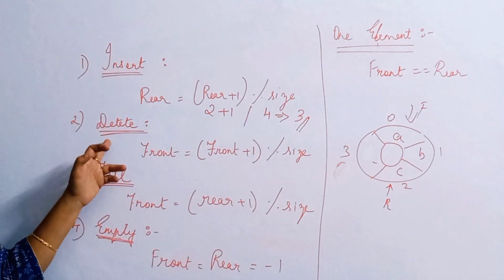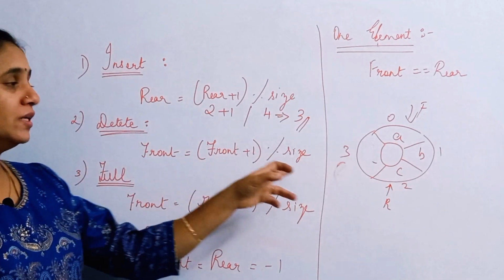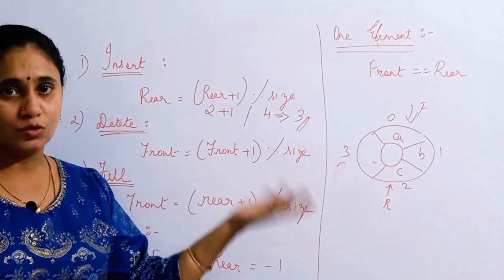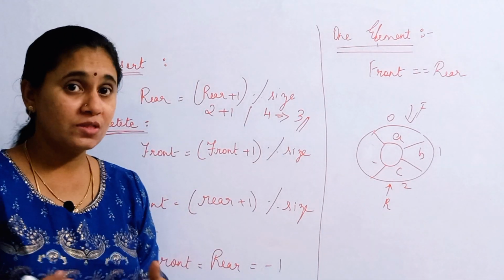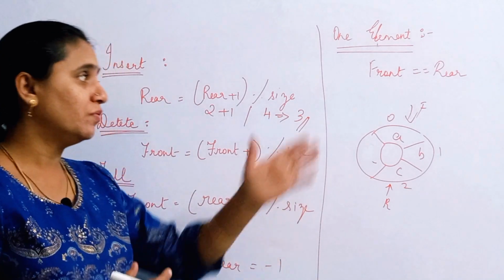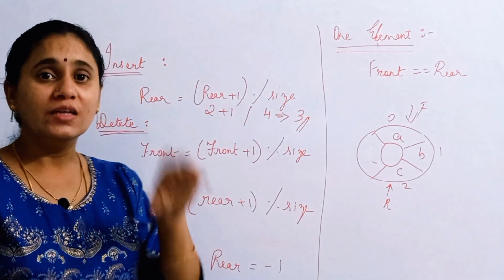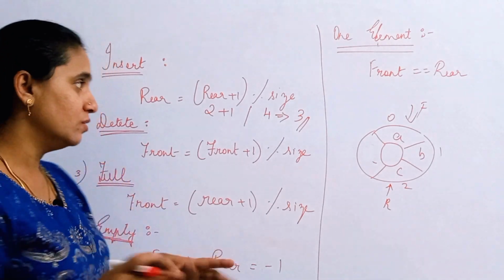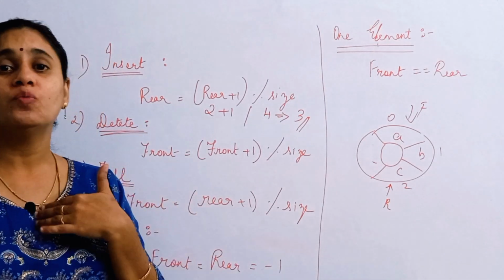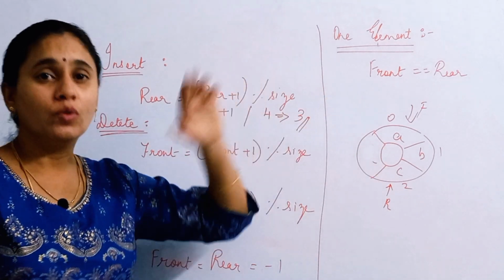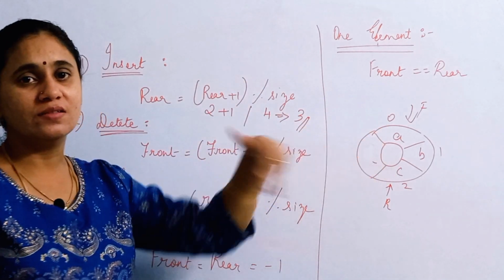So for deletion, where must I delete the element if the front pointer is pointing to a certain location? That is, to which location must my front pointer be moved if the element at the 0th index is deleted? Can you understand the question? Where will the location of my front pointer be if the element in the 0th index is deleted?